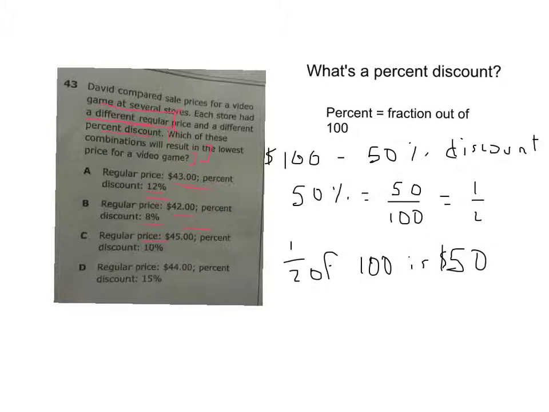So to find how much a $100 item would cost with a 50% discount, we just take 50%, turn that into a fraction, 1/2, and then find 1/2 of 100.